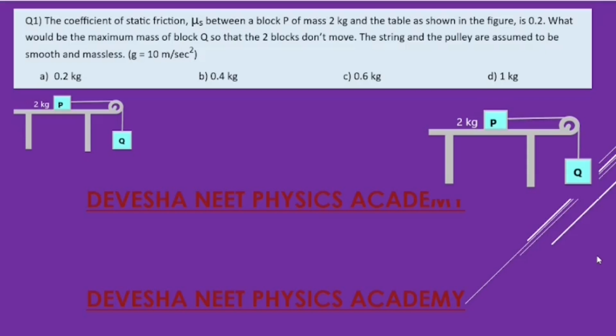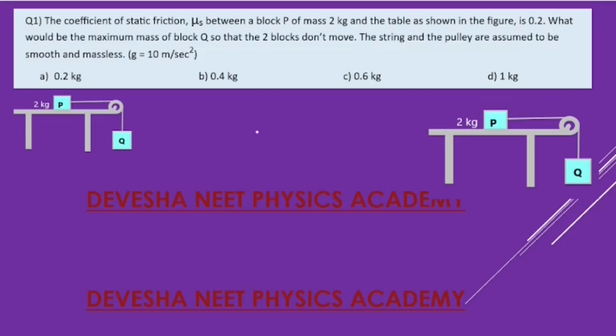So before that, I hope all of you know what friction is, but just to give you a basic understanding of friction.